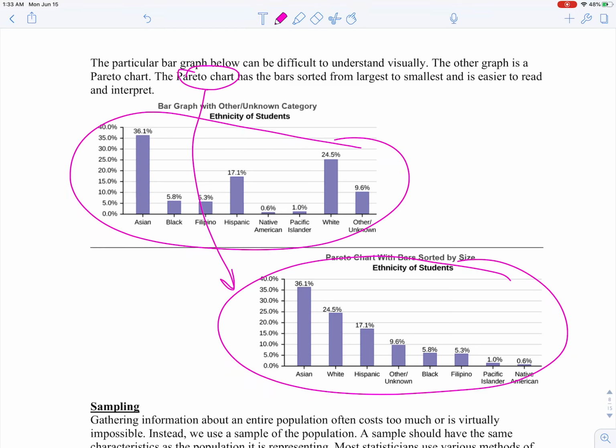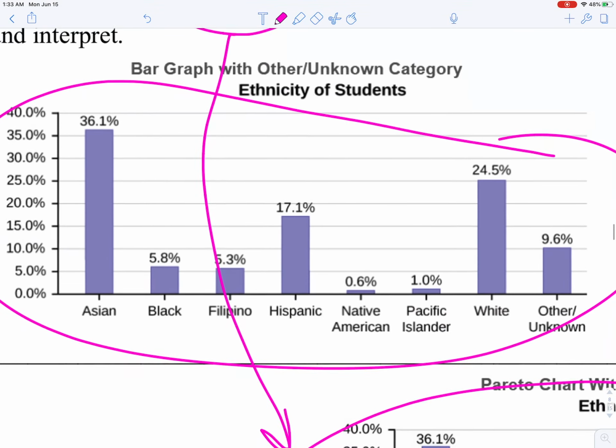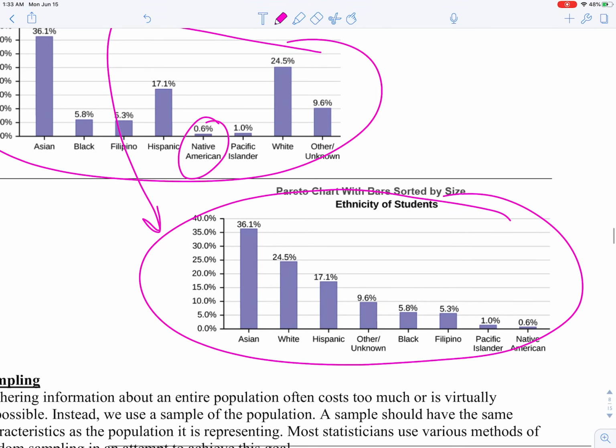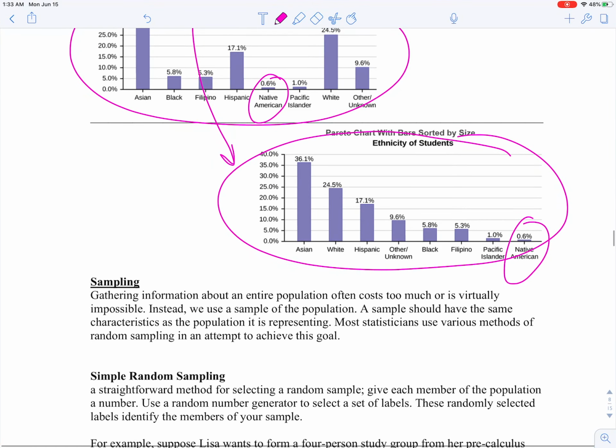It just makes the data easier to read. So if someone asks you on this graph here who has the least amount, you kind of have to look back and forth like, okay, which bar is the shortest? Oh, the shortest, okay, that one right there. Whereas on this one, it's easy. You just look at the end. Shortest bar's on the end. Okay, so it's just another way of showing your data.